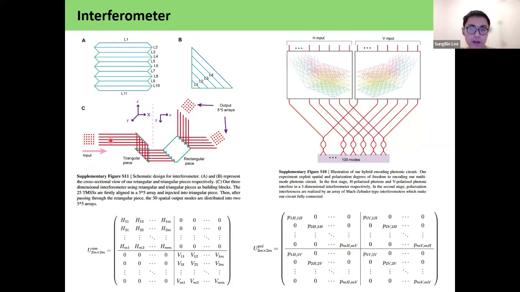Since there are 25 of them, the total photons will be 50, giving a 50 by 50 matrix. So in this 100 by 100 matrix here, what they basically did is that they first shift the two different photons into H bases and V bases. During the process, you mix up their entire configurations. So you first generate entanglement between the same bases in the H and V bases respectively. After you do that, you create H inputs and V inputs.